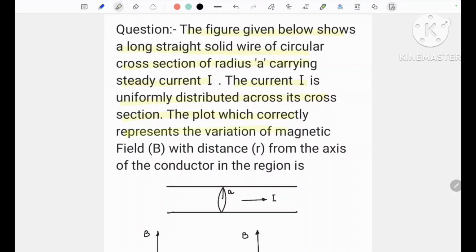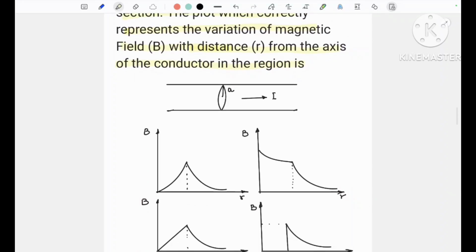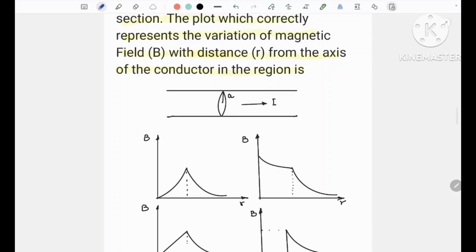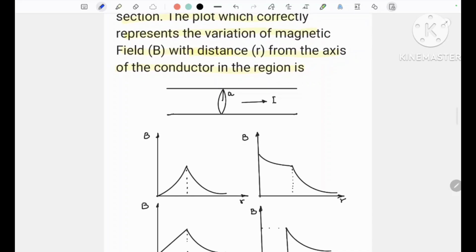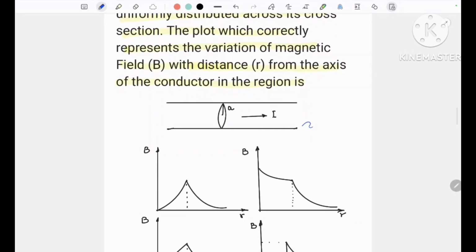The plot which correctly represents the variation of magnetic field B with R from the axis of conductor in the region S. Ampere circuital law, loop integral B dot dl is equal to mu naught I.